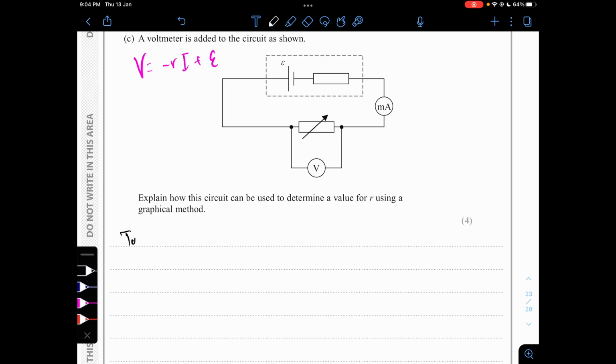So we take readings for what? V and I as we change resistance. We change the resistance, right?